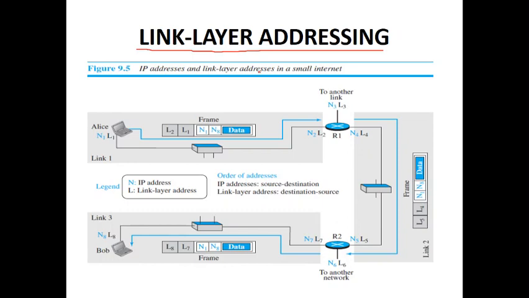Even if I don't have a link layer address, it is not possible to deliver the data only with the IP address. Why? Because the IP addresses are added at the sender, and they will not be changed until the data is received by the actual receiver.